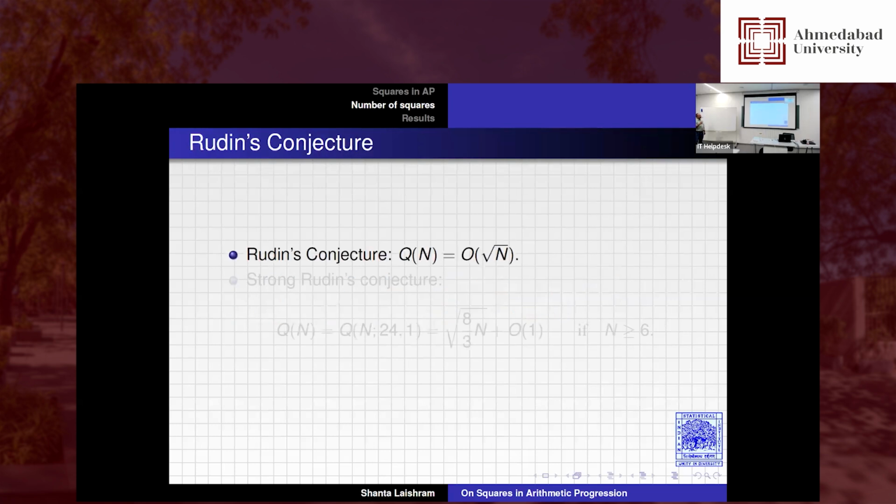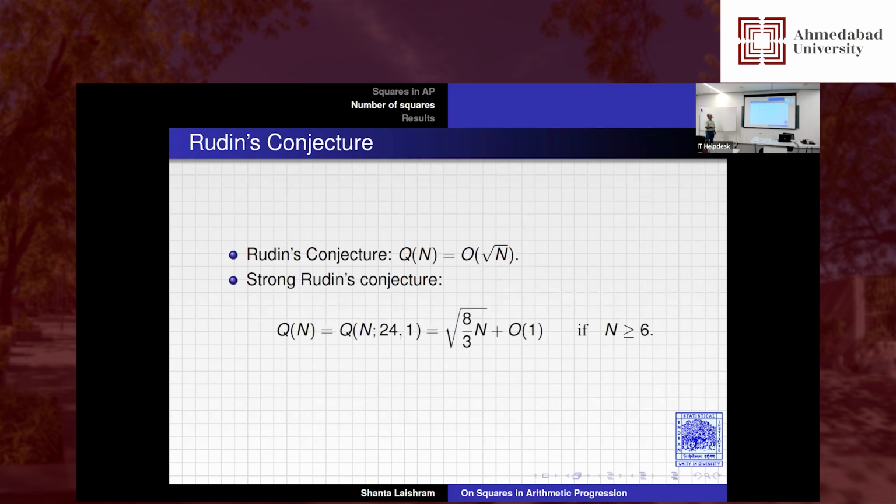So then we come to the conjecture of Rudin. Rudin made the following conjecture. You see, if you have n consecutive integers, there are about square root of n squares. So he said that it should also happen similarly for arithmetic progressions of length n. This is a conjecture. So up to n, you should be able to expect around the square root of n squares.